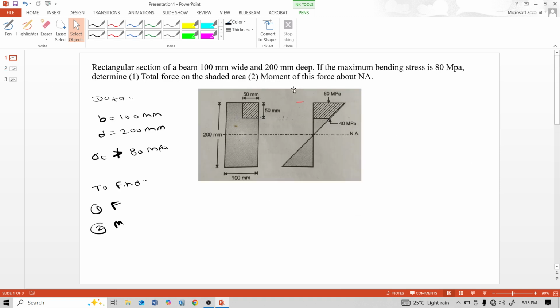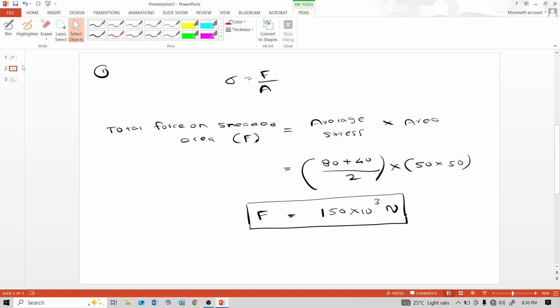Average stress is this, 80 plus 40 divided by 2, that is 60 MPa here. This average stress is multiplied by that shaded square area, 50 multiplied by 50, and we find the total force on the shaded area is 150 multiplied by 10 raised to 3 Newton.